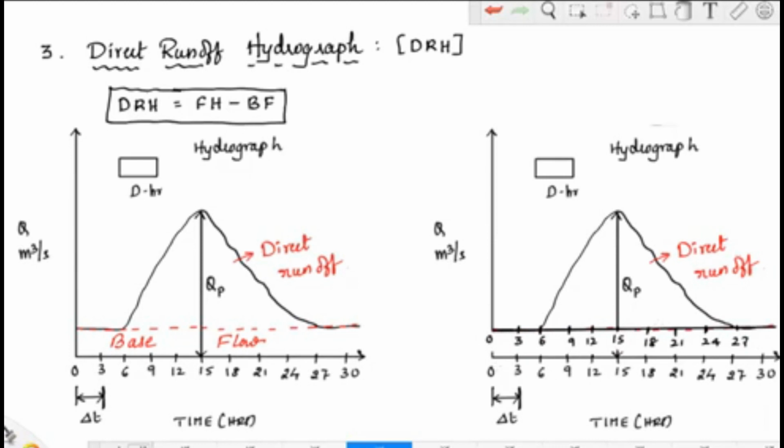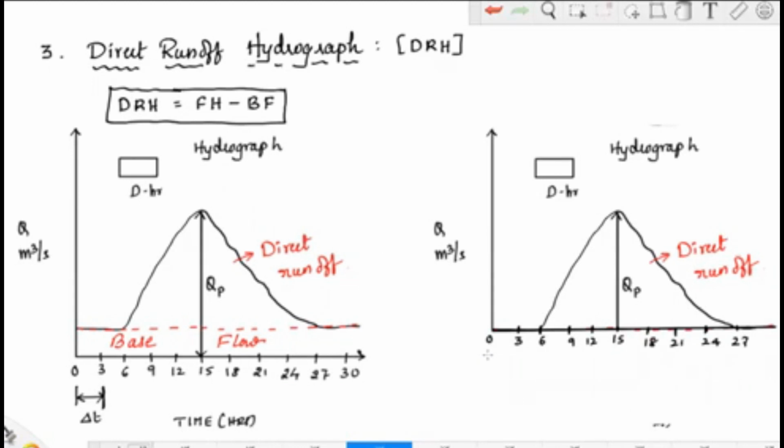This is the shifted x-axis. This will be delta t. I'll shift even the y-axis.